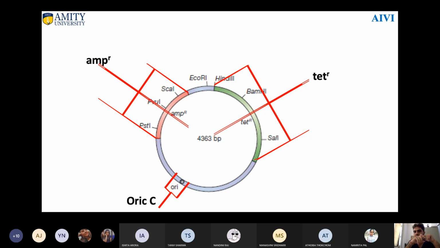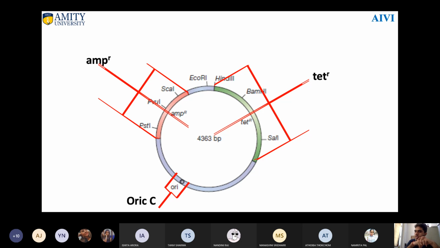The origin of replication can sustain it. Its size is small, 4363 base pairs. Then the two resistance genes are there, tetracycline and ampicillin, and around 1, 2, 3, 4, 5, 6, 7, 8, eight restriction sites are there.